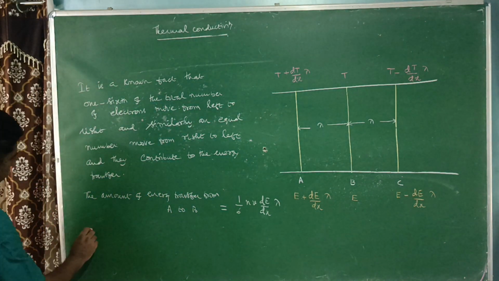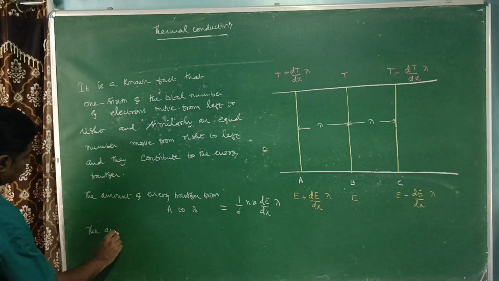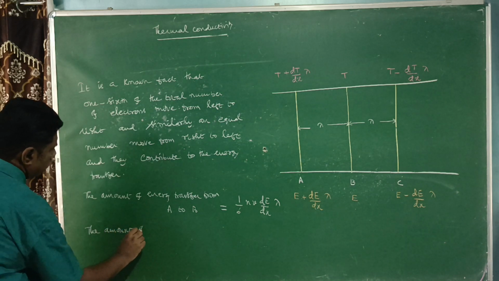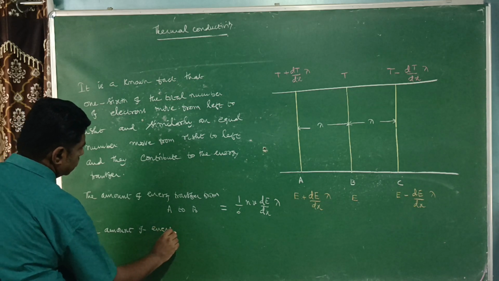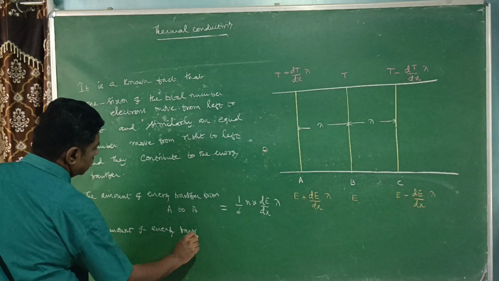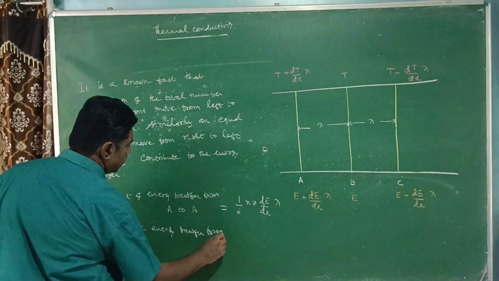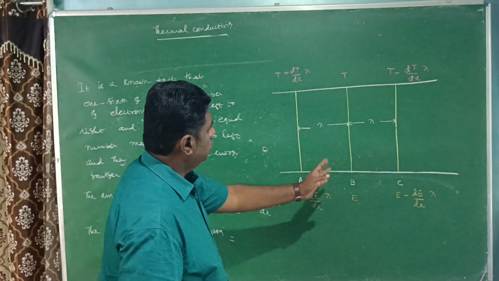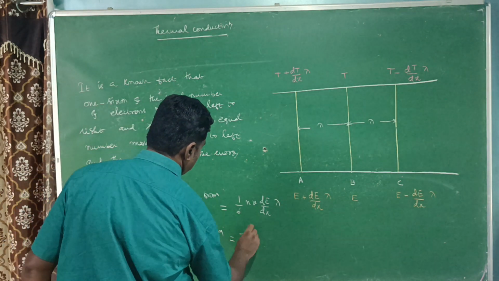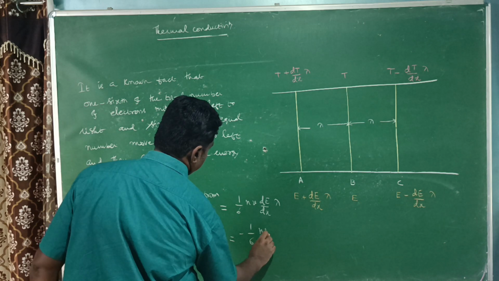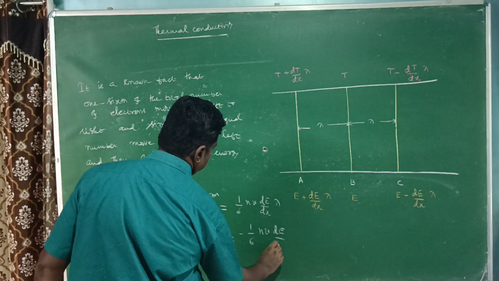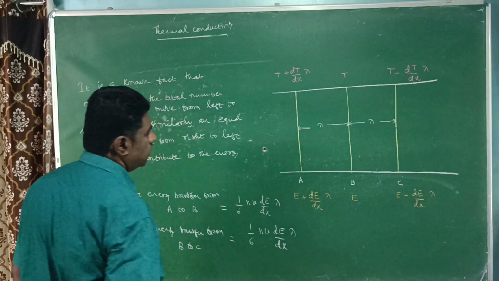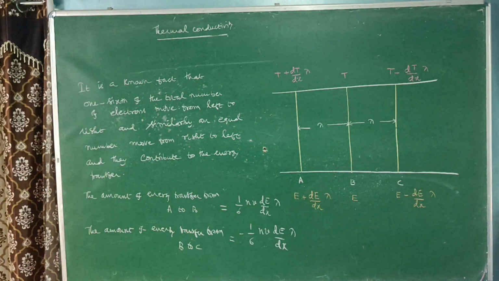In the same manner, the amount of energy transferred from B to C is equal to minus 1/6 nv dE by dx into lambda. Here n stands for the total number of electrons, v the velocity of the electron.